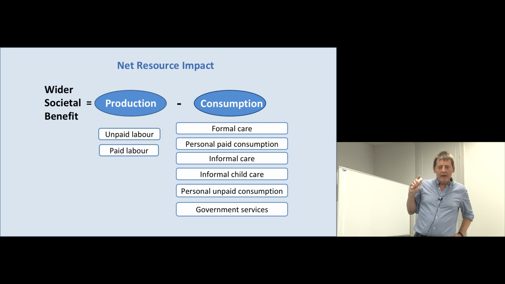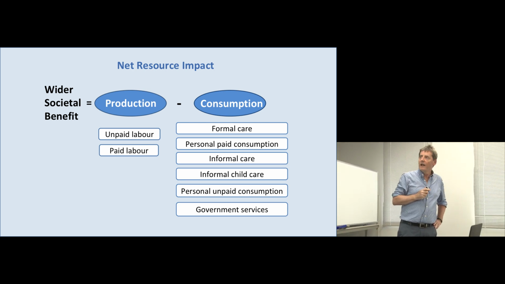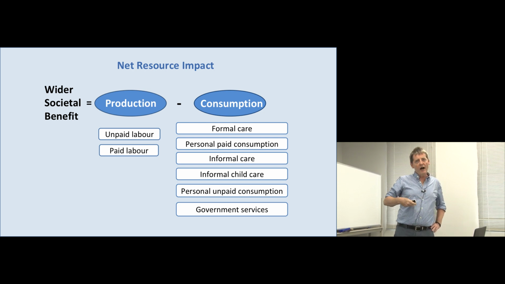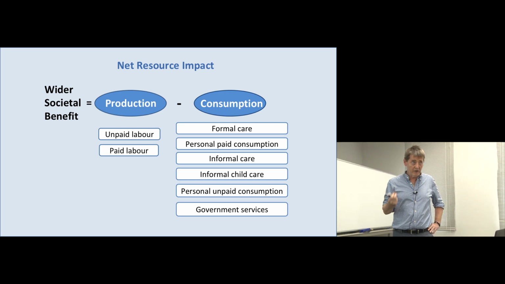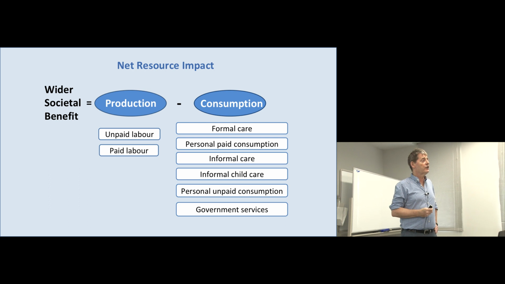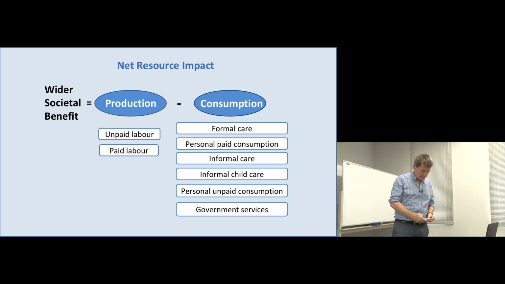A couple of years ago, the Department of Health in England came up with a proposal to measure the wider societal benefit. So, the Department of Health are big supporters of cost per QALY, but there's a recognition that maybe the QALY is only capturing some part of the benefit of healthcare interventions, and there are wider societal benefits.